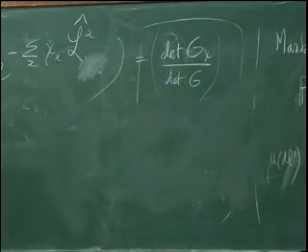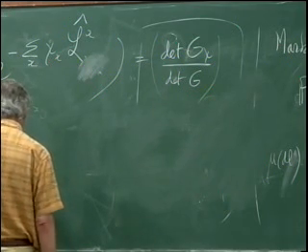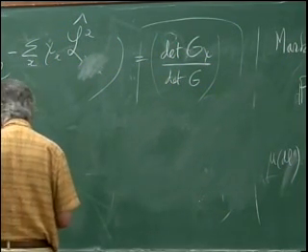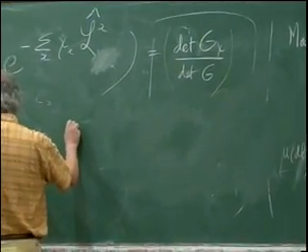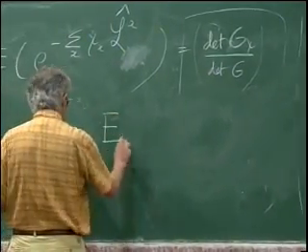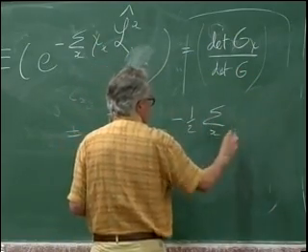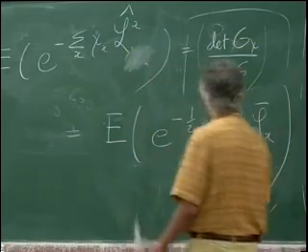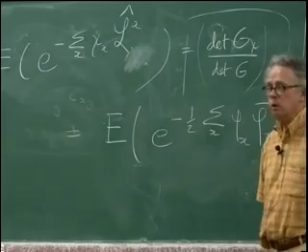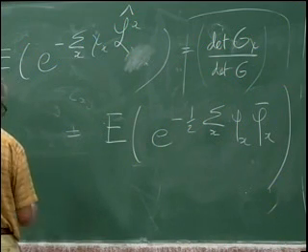If you know a little bit about Gaussian variables, it's easy to recognize that this expression is the same as the expectation of e to the minus 1/2 sum over x of phi x, phi bar x, where phi is a complex Gaussian vector, a complex free field.